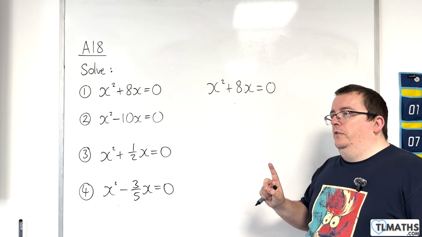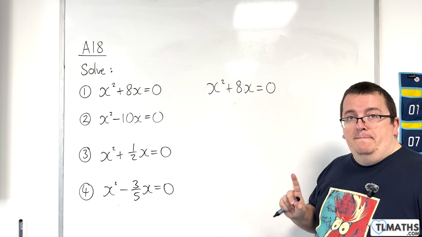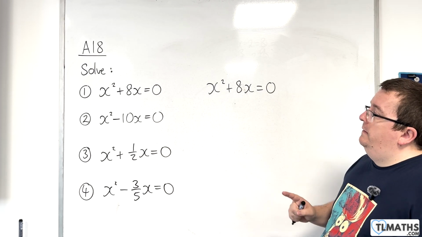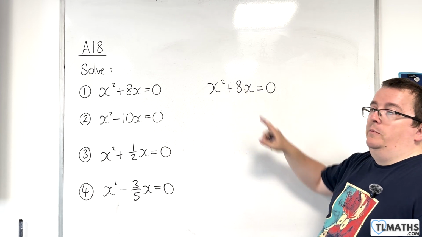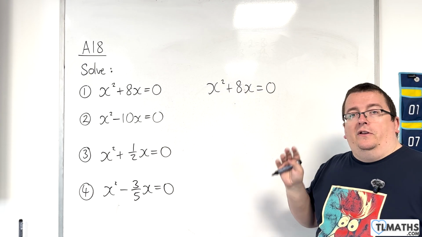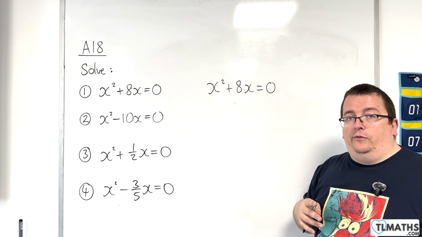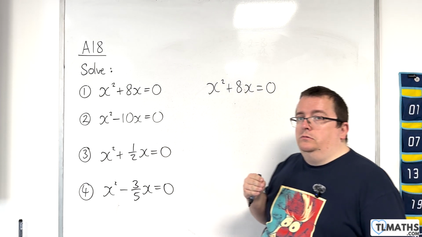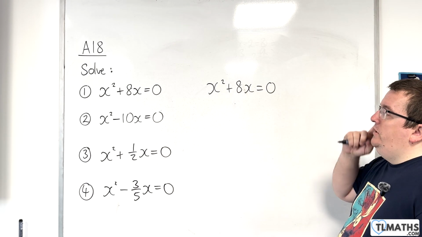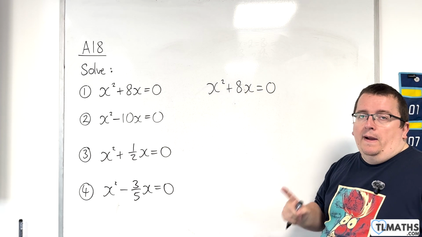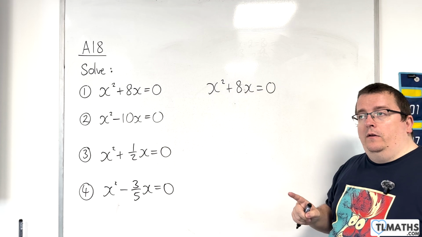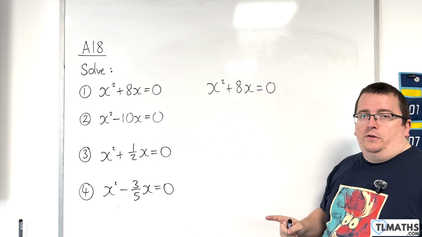Another method that I want to dispel immediately is you may be looking at this and going, both of the terms have an x involved, so let's just divide through by x to get rid of it. That is a big error. We do not want to divide through by x in these equations. What will happen is that you will lose a solution.